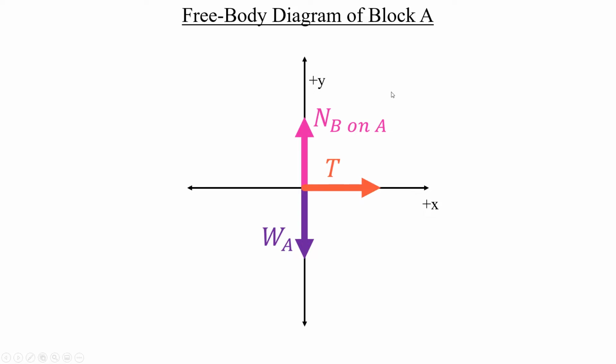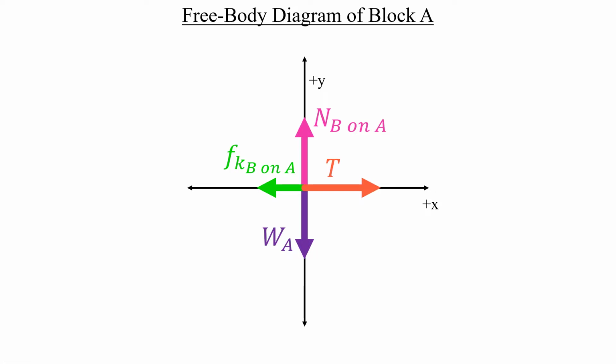That's what's responsible for pulling block A to the right in response to block B. And since the overall motion for block A is to want to move to the right, if there's kinetic friction as a result of it grinding against block B, that's got to be pointing in the direction opposite to the net motion, which means it's going to be pointing in the negative x direction, like this. And so we have kinetic friction as a result of block B acting on block A. And that's it. That's all the forces on block A.